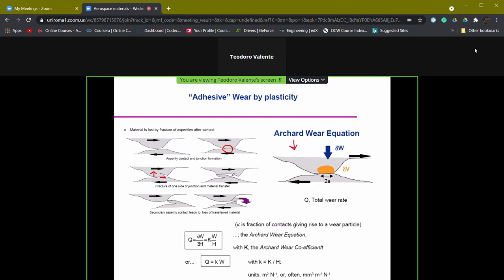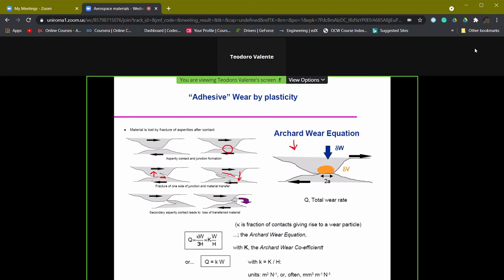This results in the formation of fractures, where the weaker material gives rise to material which is transferred to the other counterpart.